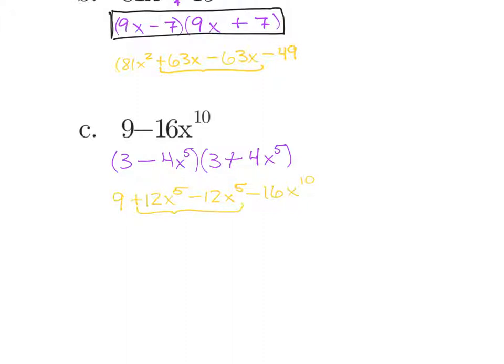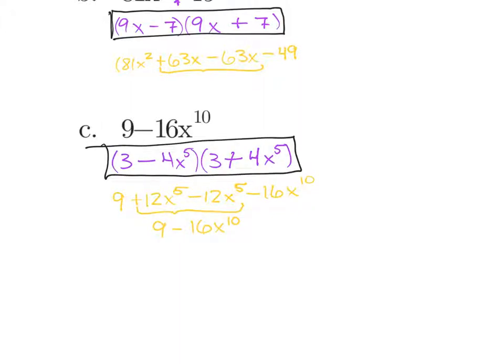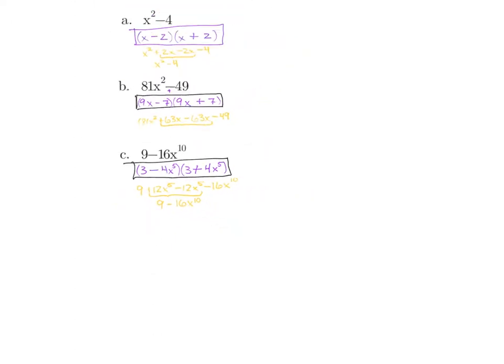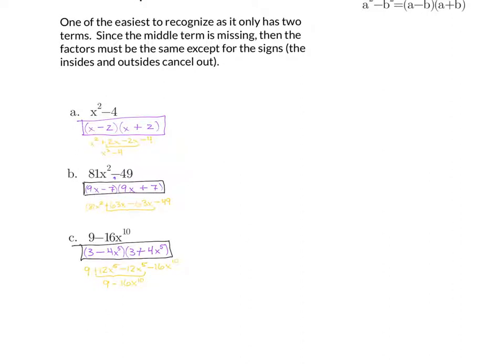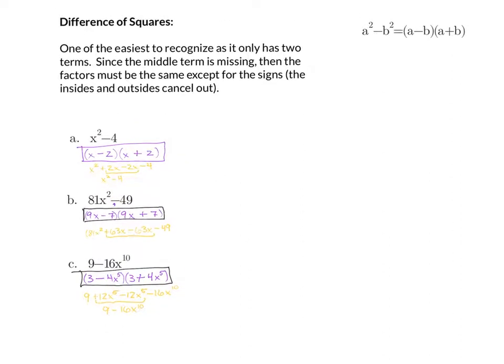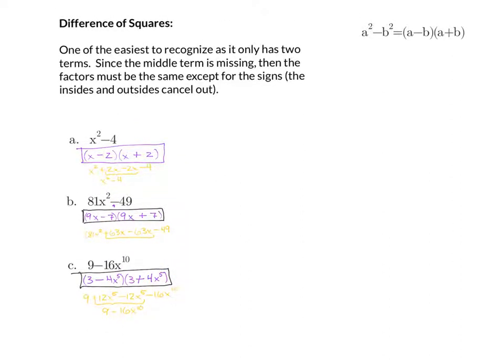Our insides cancel again, leaving us with 9 minus 16x to the 10th. So our factorization is 3 minus 4x to the 5th, 3 plus 4x to the 5th. And that is basically difference of squares.